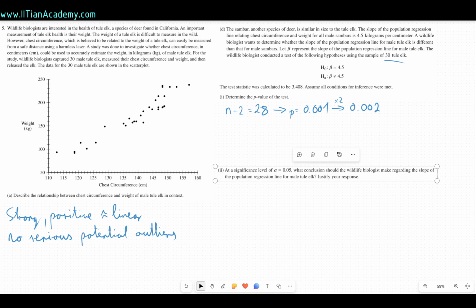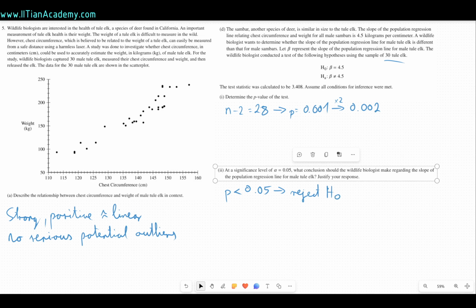And then in part 2, we're told at a significance level of 0.05, what conclusion can we make? So what we can say is that the p-value, 0.02, is less than 0.05, and therefore we reject the null hypothesis. Reject H0.